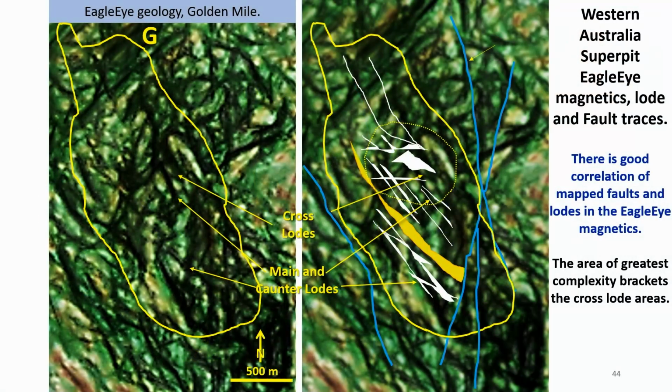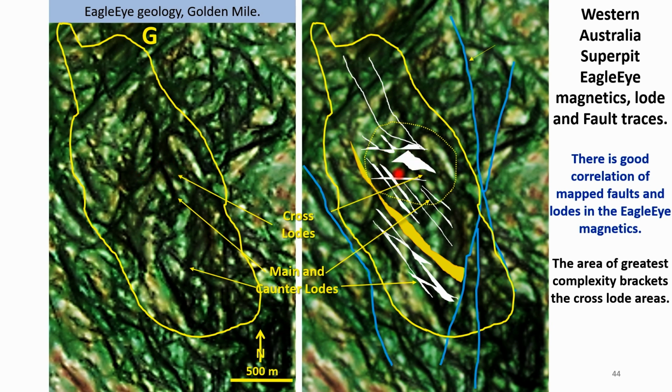So on the right-hand side is actually the mapped lodes. And you can see the biggest cross-lode system set up in the Perseverance, South Cal, North Cal area in this very complex area, which almost looks like a plug. And they're sitting across like this.